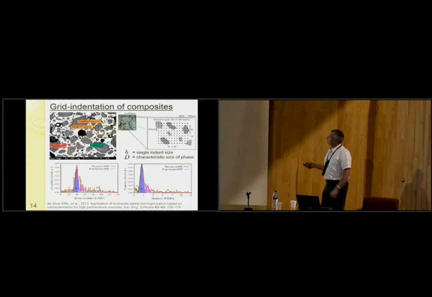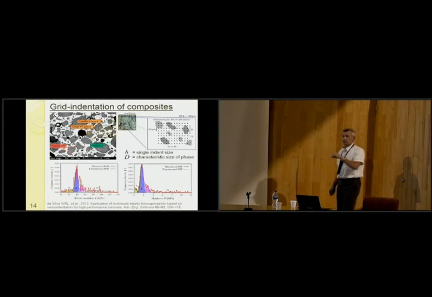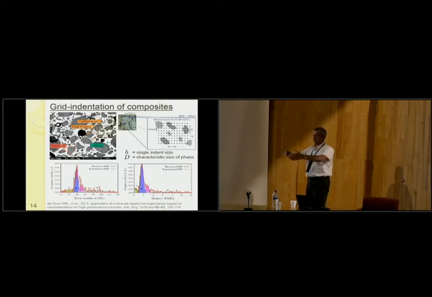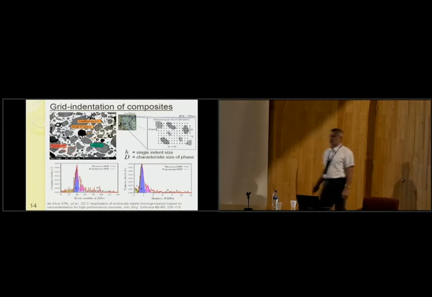And due to the fact that properties vary when we move across the surface, we need to use many indentations to cover some representative surface of the sample.